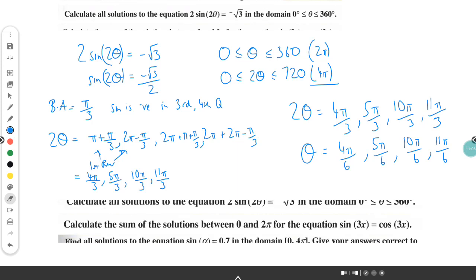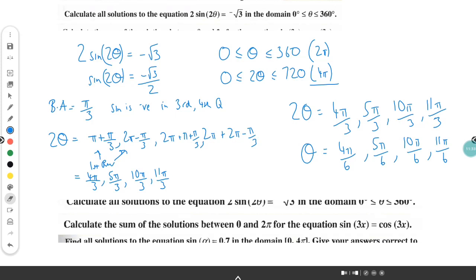Yep? Okay. So what I had to do is allow for 0 to 4 pi, so that when I divided by 2 at the end, they all came back into the right domain. Okay? If I just kept it at that, I would have missed half the solutions. Because I doubled the domain to allow for the fact that at the end I had to divide by 2. And that's a good check. Always check at the end that your solutions come within the original domain, which was 0 to 2 pi.